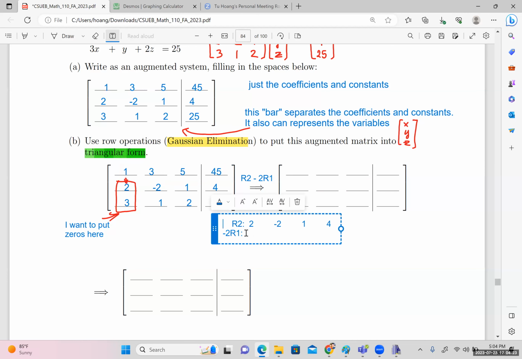You multiply by -2 with it, so we're going to have -2 here. 3 times -2 is -6, 5 times -2 is -10, and 45 times -2 is what? -90.